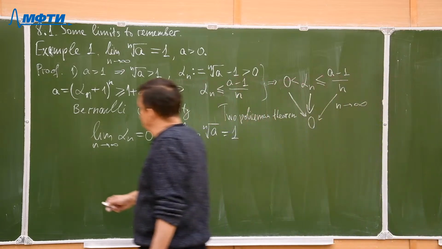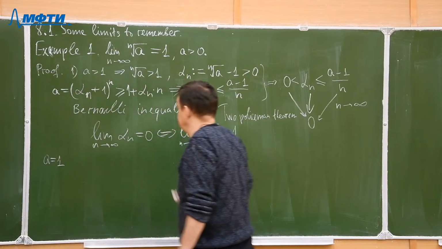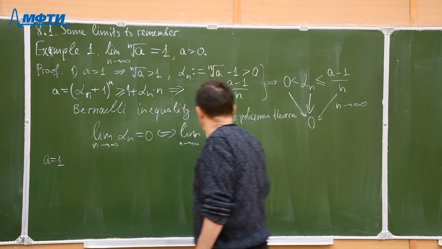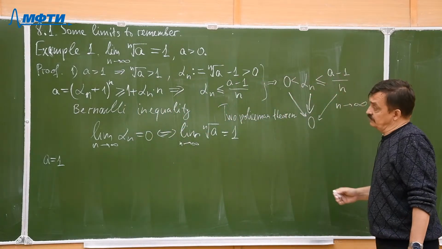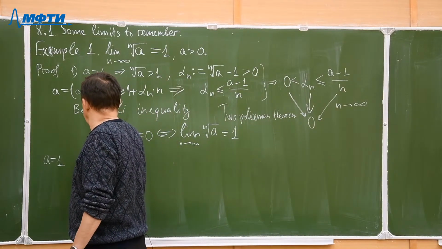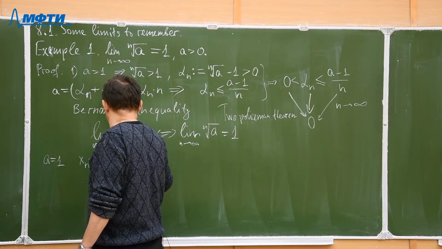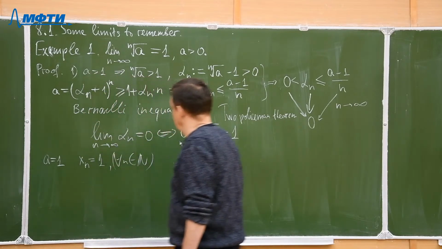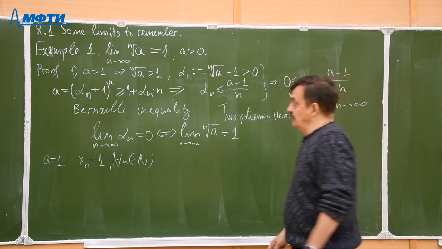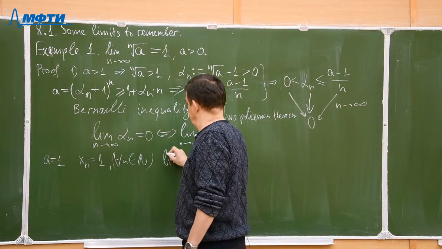Okay, for a equals 1, almost nothing to prove, and maybe this is a kind of example. In fact, it was used here as well, right? So we have the sequence x n equals 1 for all n. So we have a constant sequence, and it converges to 1. Why?